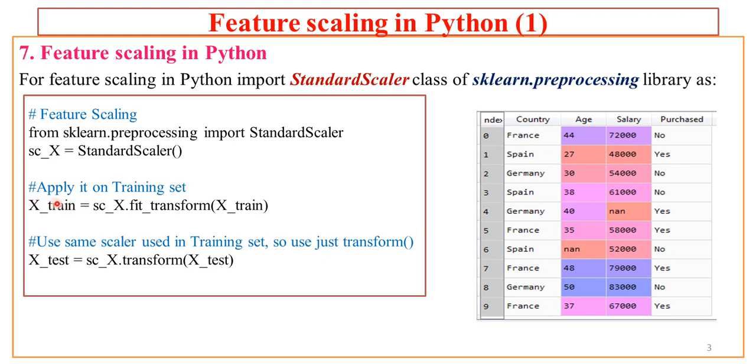That means we are just modifying the original given data set of the independent feature vector into a new scaled vector.